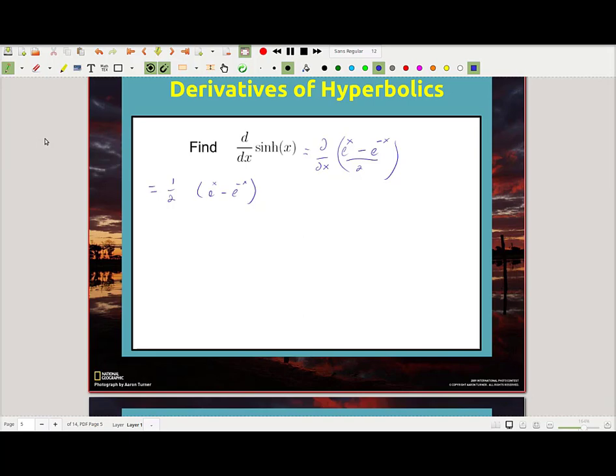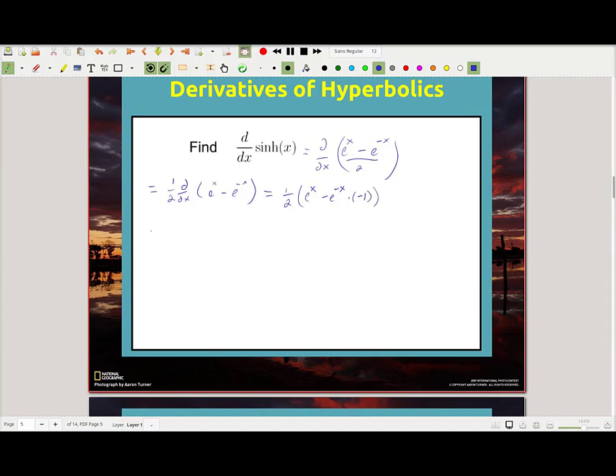So I'm really just taking the derivative of e to the x minus e to the negative x. That's easy enough, right? Because we know how to take the derivative of e to the x, first of all. That's just e to the x. And then we want the derivative of e to the negative x, but that's just e to the negative x times, chain ruling this, the derivative of negative x, which is just -1.